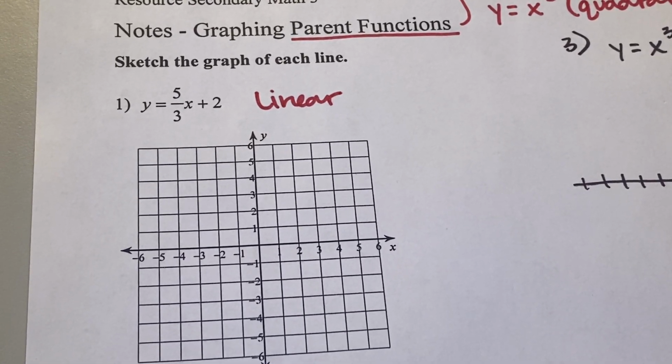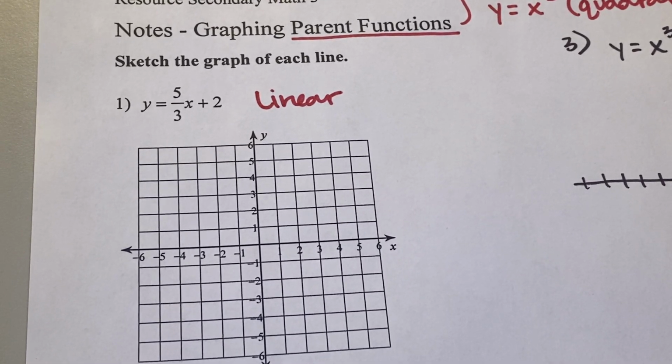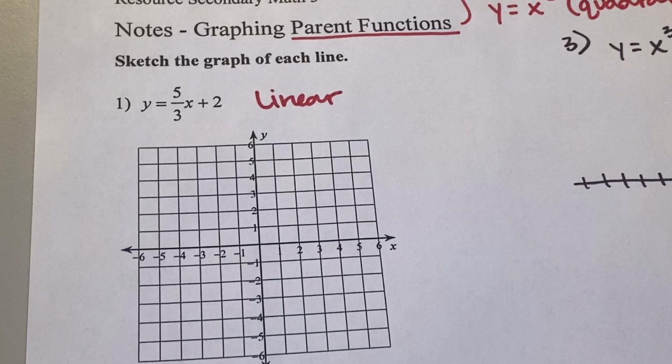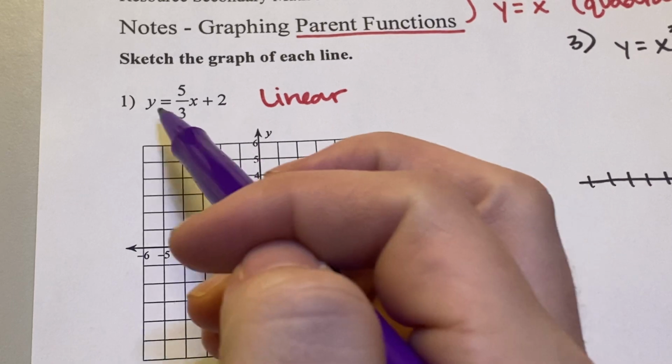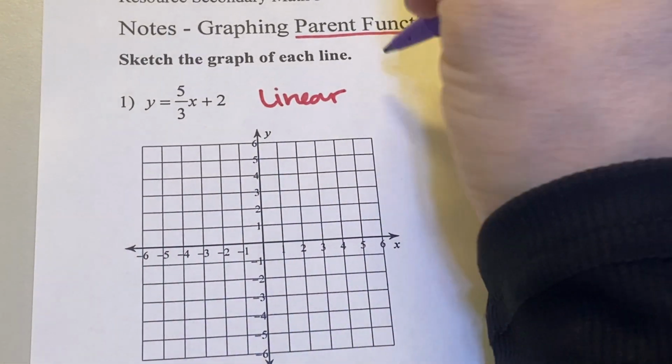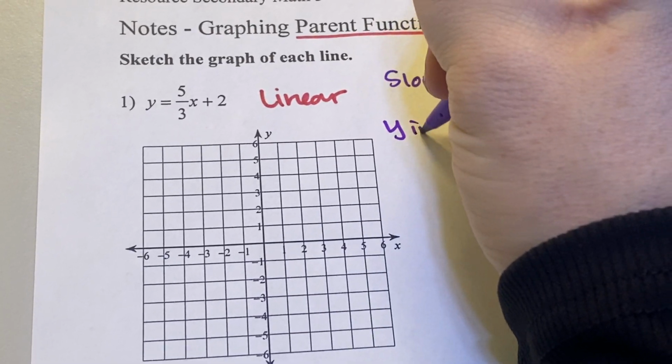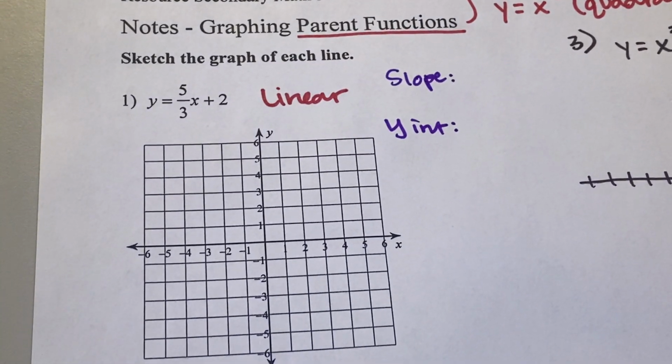Okay, you learned about him when you were freshmen, linear functions. Okay, if you guys remember, this linear function is written in what we call slope-intercept form, okay, which we love because we can easily identify the slope and the y-intercept.